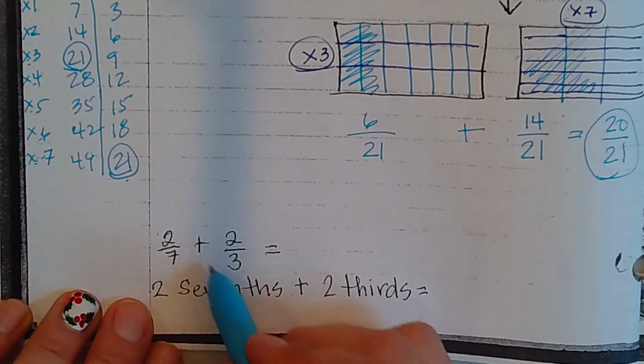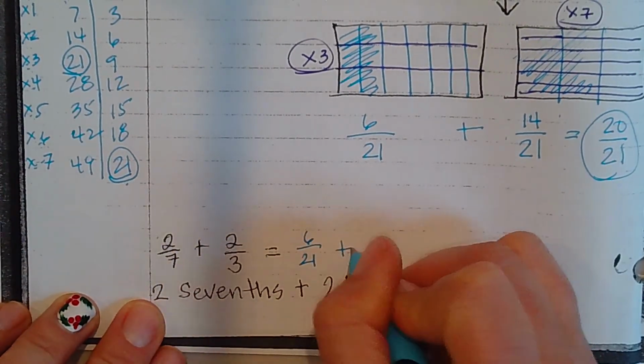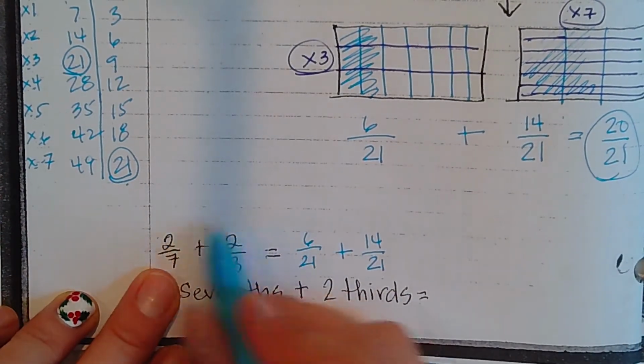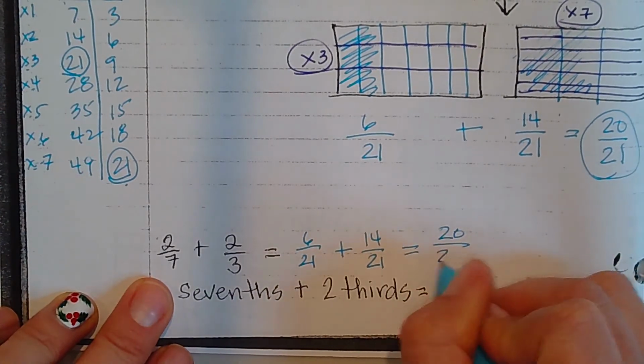So 2 7ths plus 2 3rds is the same as 6 over 21 plus 14 over 21. Remember, these are equivalent fractions, is equal to 20 21st.